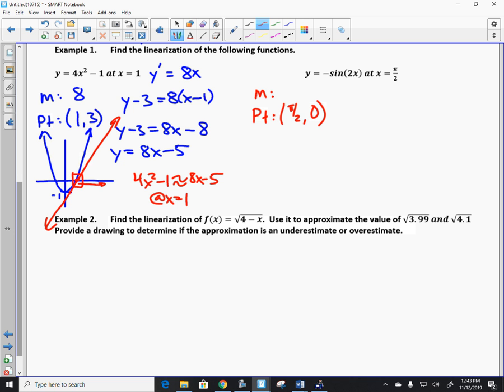Got to find the slope. How do you find the slope? Derivative. How do you find the derivative of negative sine of 2x? Chain rule. Negative sine of u and 2x. Derivative of negative sine is negative cosine.